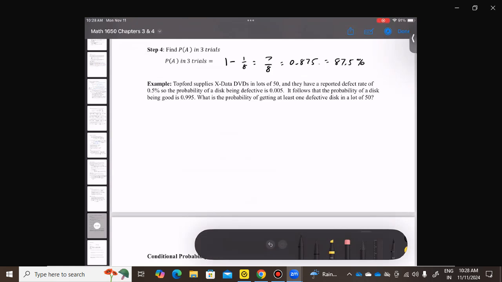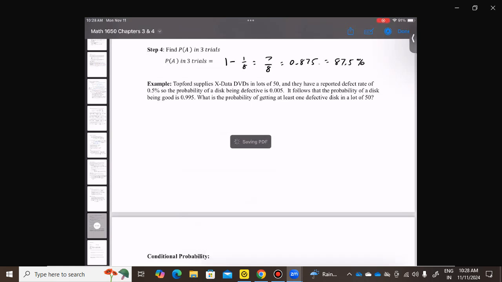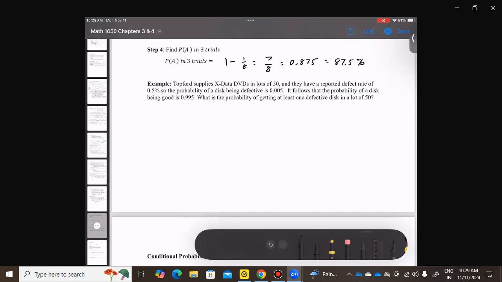Alright, so in this example, we're looking at data DVDs in lots of 50. They have reported a defect rate of 0.5%. So the probability of a disc being defective is 0.005. And so it follows that the probability of a disc being good is 0.995. We want to know what is the probability of getting at least one defective disc in a lot of 50.